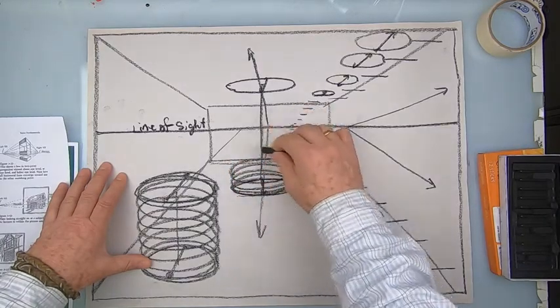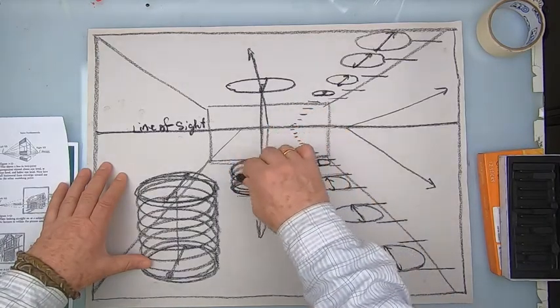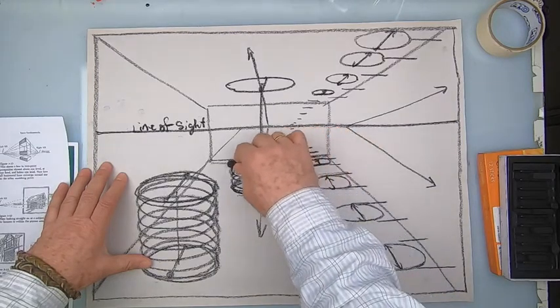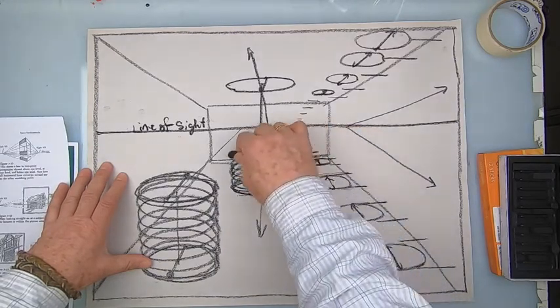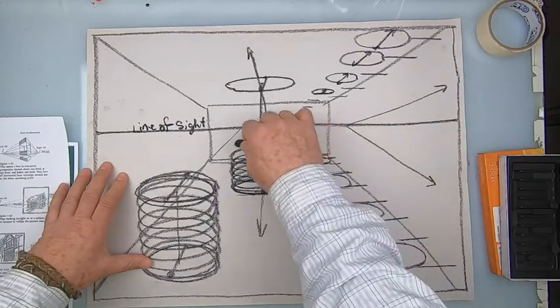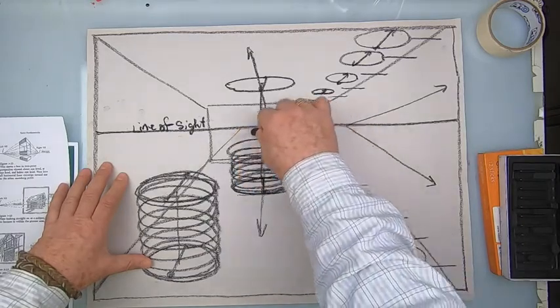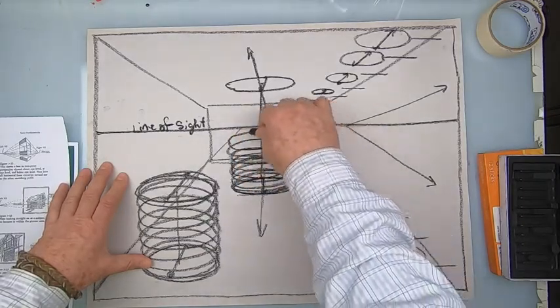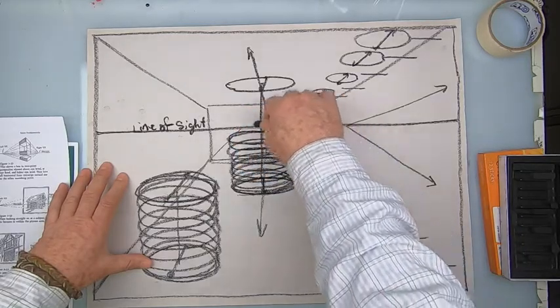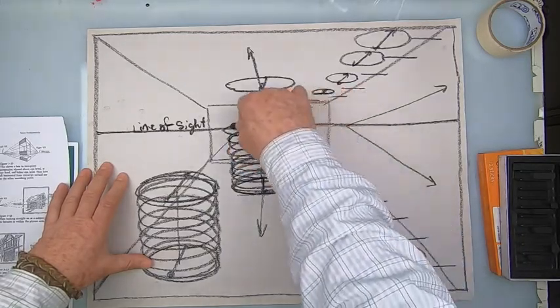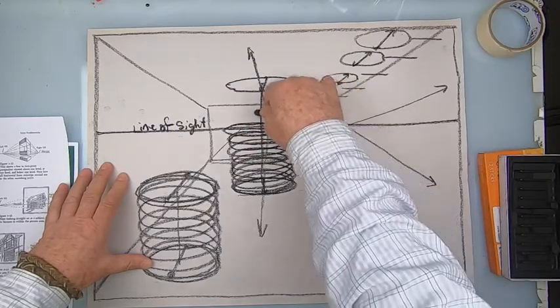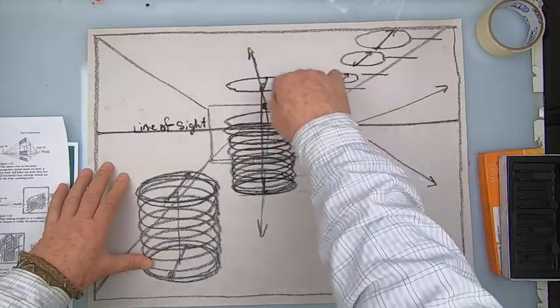As I get closer to the line of sight, that ellipse is going to flatten out. There we go. It's flat. And now I'm going to be opening it up the other way as I'm looking up.